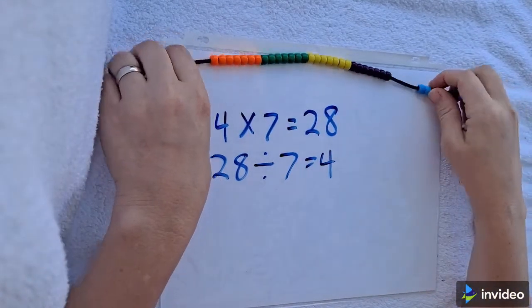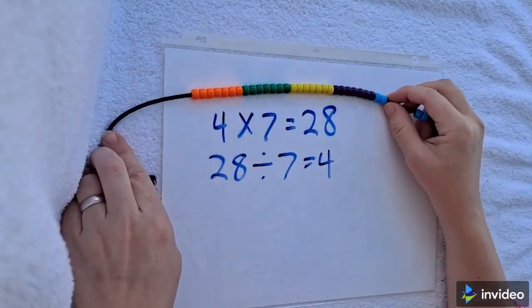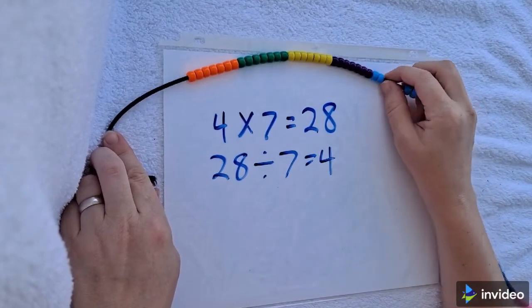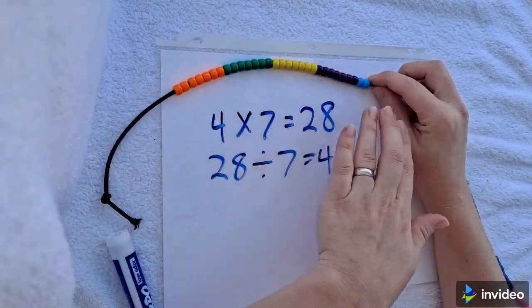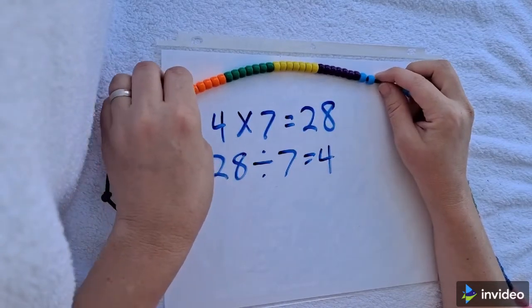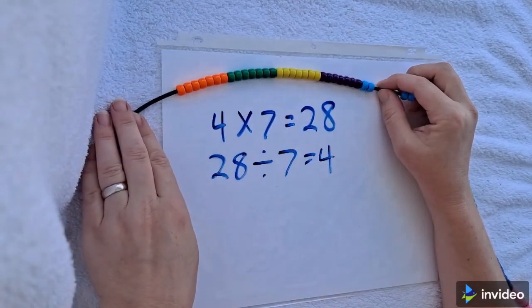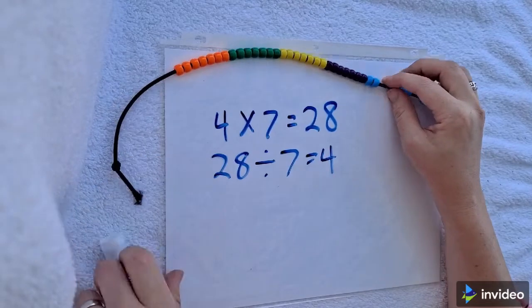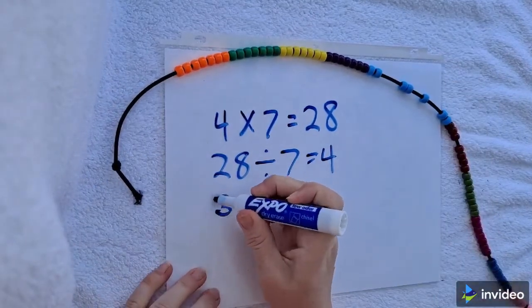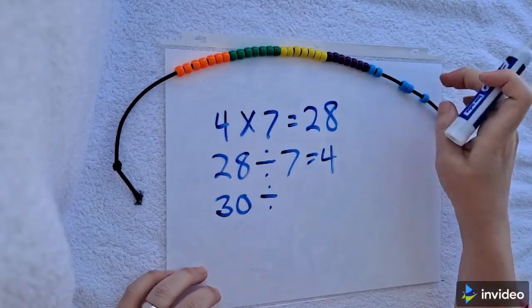Now, the neat thing is that you could also start talking about this with regards to remainders. So we might say, actually, here we have 30 beads, and they can have them counted out if they need to. We're going to divide 30 by 7.